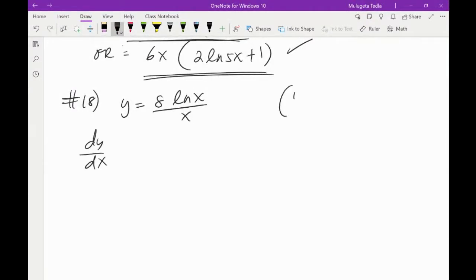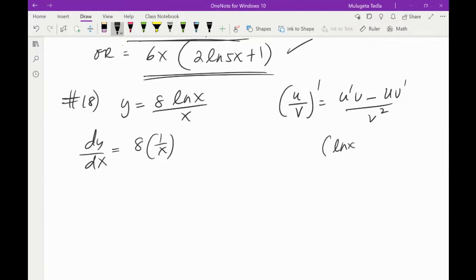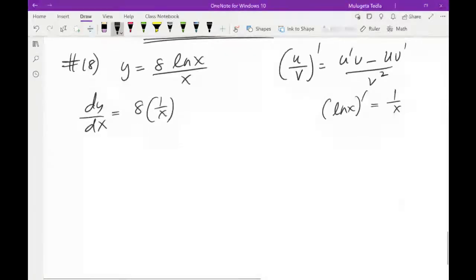This is the same as finding the derivative of u over v: u prime v minus u v prime over v squared. So I'm going to find the derivative of the top, which is 8 times 1 over x, the derivative of ln x. The derivative of ln x is simply 1 over x, 1 over the input, and the derivative of the inside is just 1.